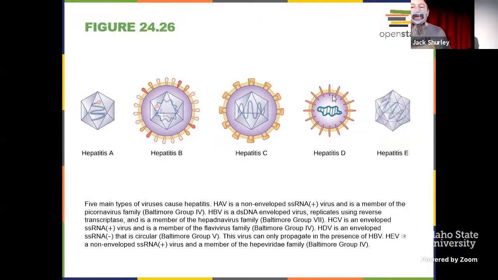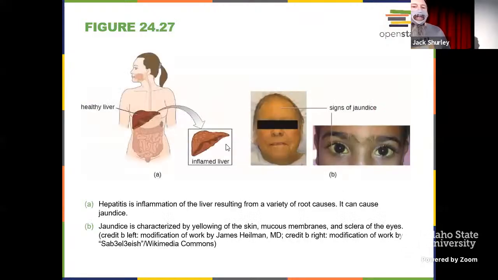There's issues with this, with the blood, with IV drug use, the potential to transmit B, C, and D. And like I said, there is a table that goes through and talks about this. We can see some naked and enveloped viruses as well. We don't need to go through all of the details with that.